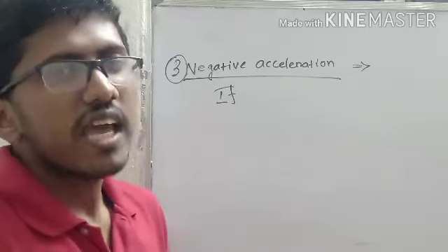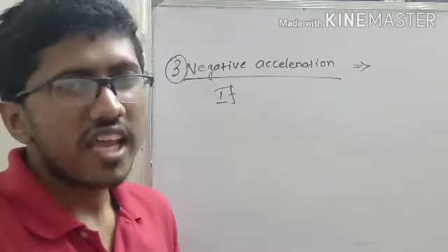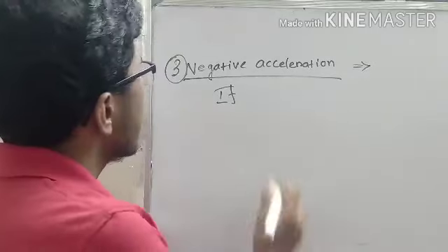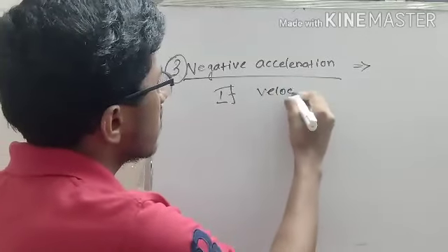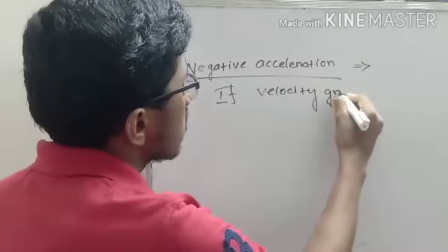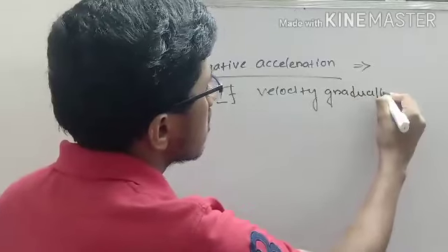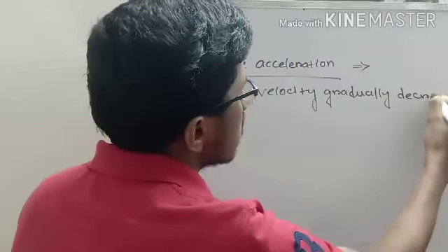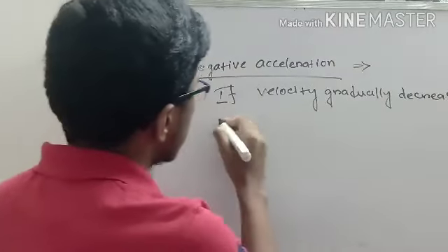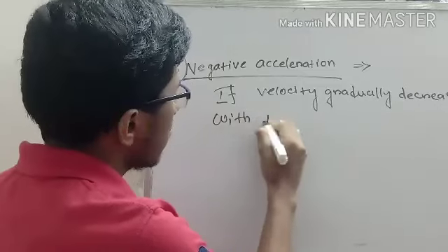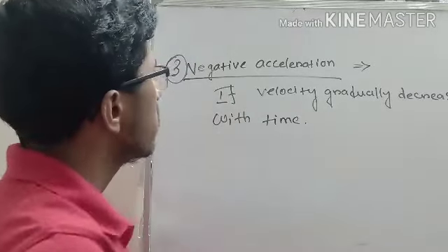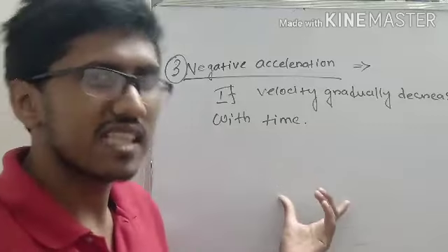If velocity gradually decreases with time, then it is called negative acceleration.